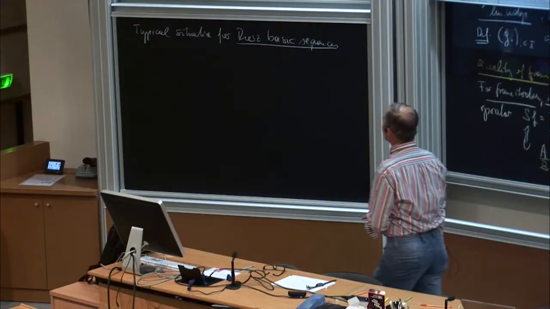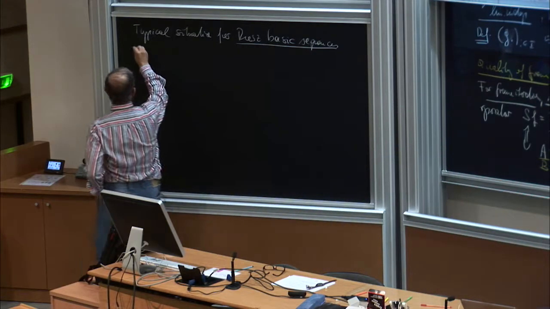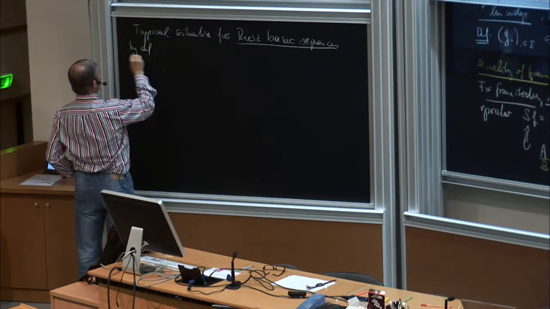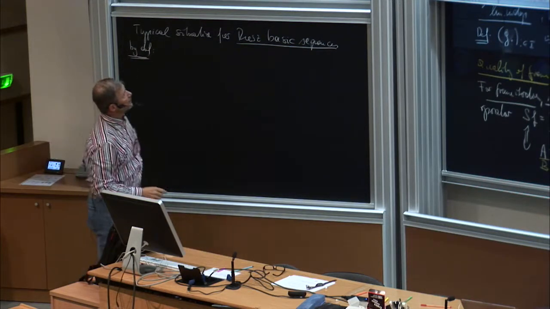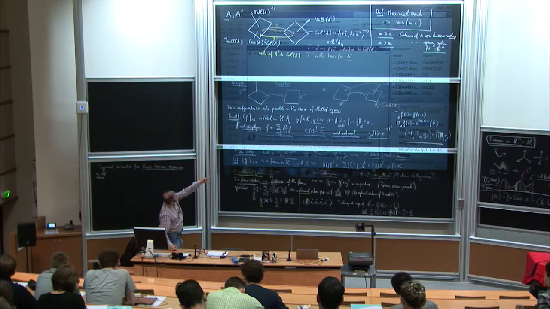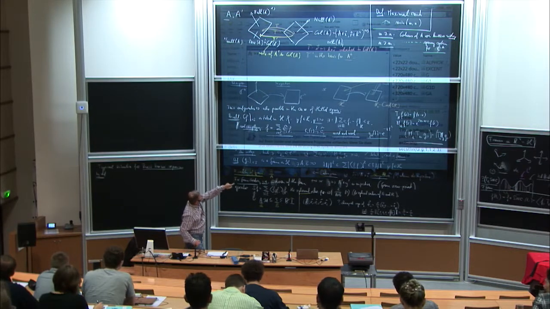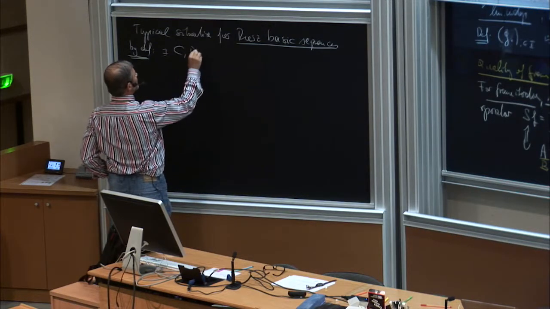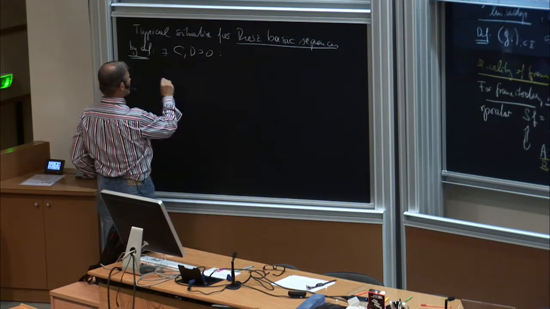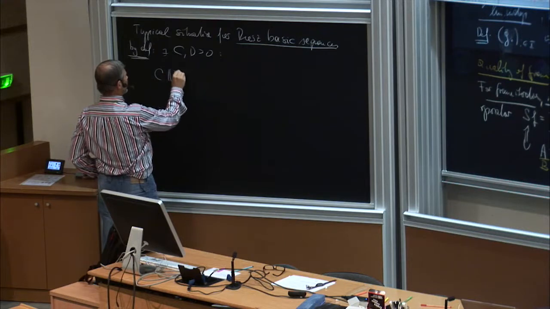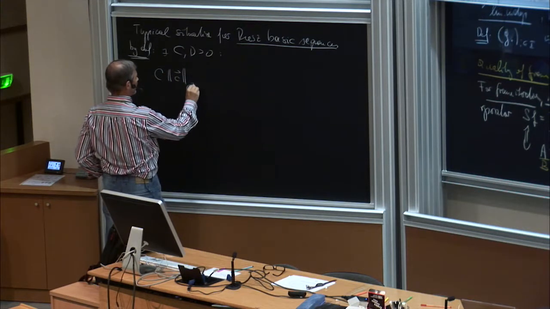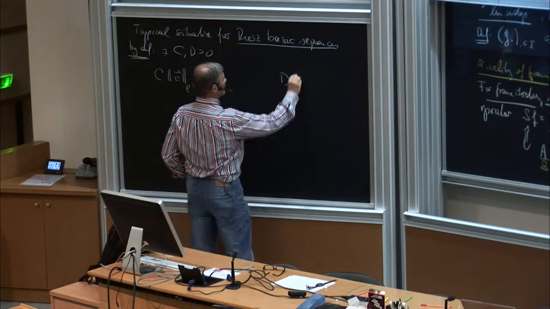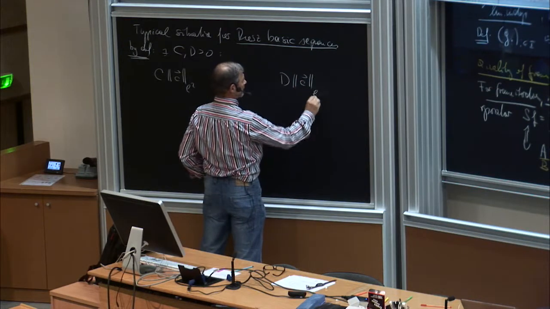So a Riesz basic sequence is by definition something which allows me to have exactly this situation, but now with a synthesis operator. So there exist constants C and D positive, such that you are taking coefficients in the L2 sense, and you're measuring them in the L2 sense.